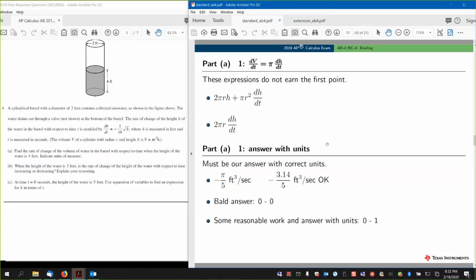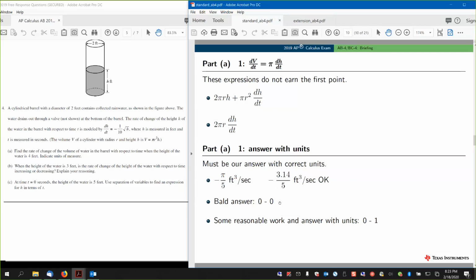Now, the second point in Part A was for the answer with units. Remember, we don't always ask for units, but we did here. So we're looking for something like minus pi over 5 cubic feet per second. Again, this was not a calculator active question, but we allowed students to use an approximation for pi of 3.14. That would be okay if they gave us that response.